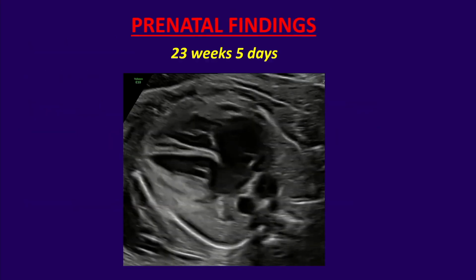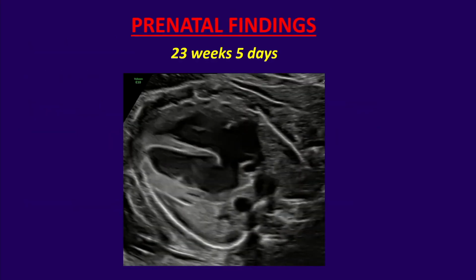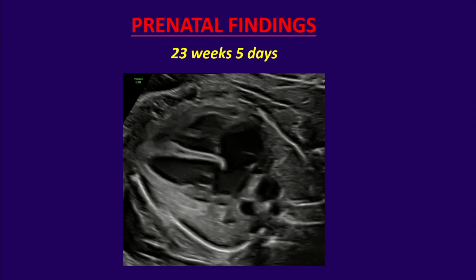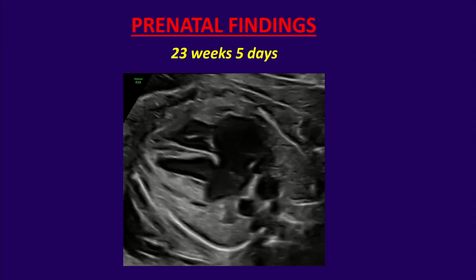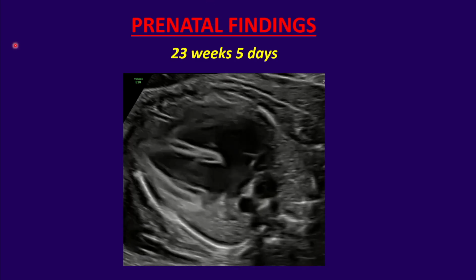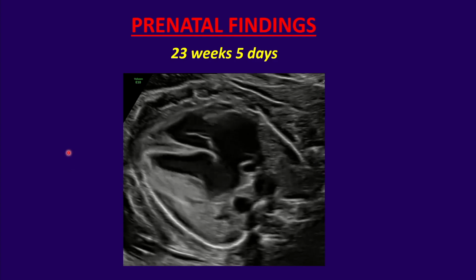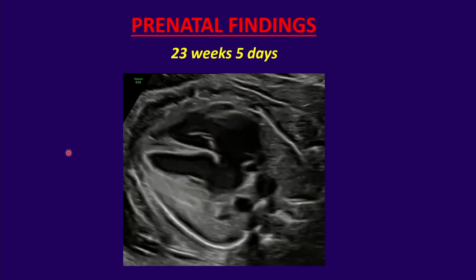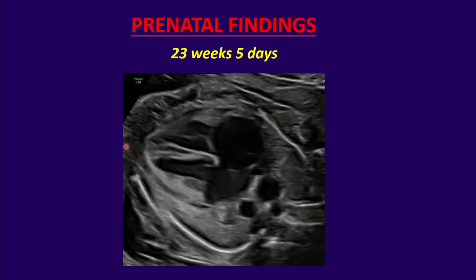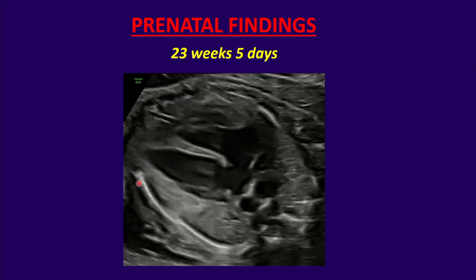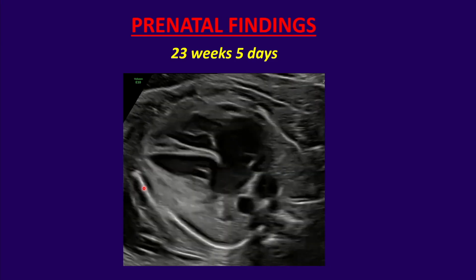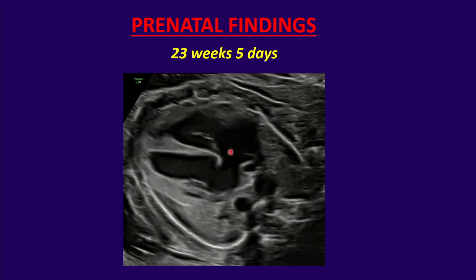So here I would like to introduce to you this 4-chamber view. And using the checklist that we just discussed this morning, I want us to take a look at this axial plane of the chest. So what can we see here? We can see that the heart is enlarged for sure. I mean, there is no way that you can fit even 2 hearts of this size into this chest, correct?